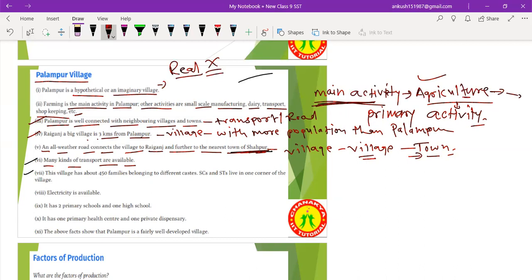Next, this village has about 540 families belonging to different castes. SCs and STs live in the corner of the village.